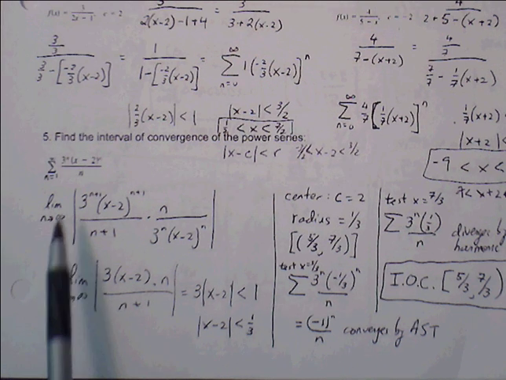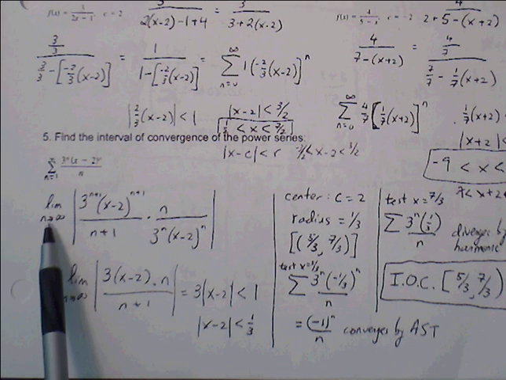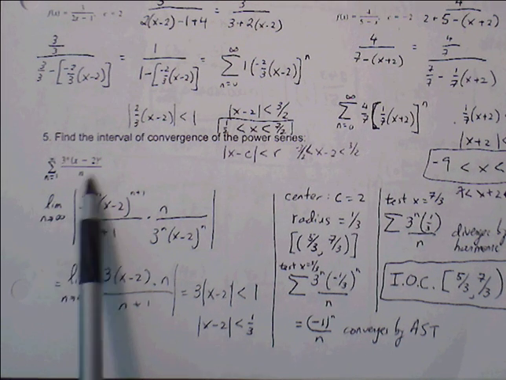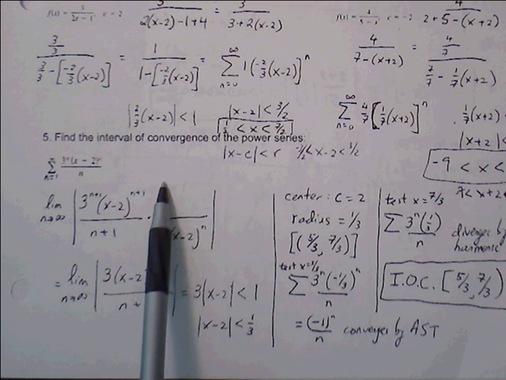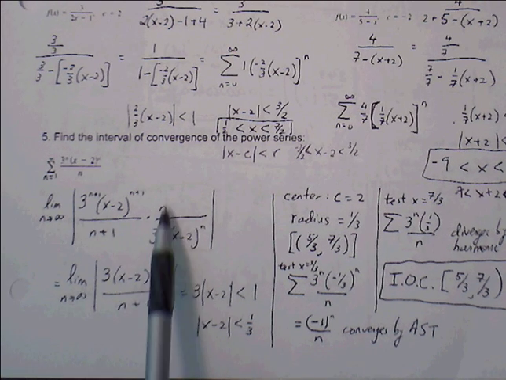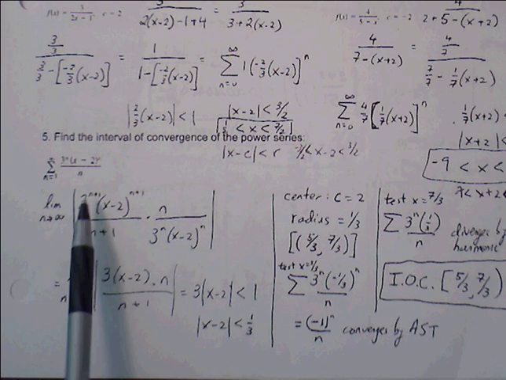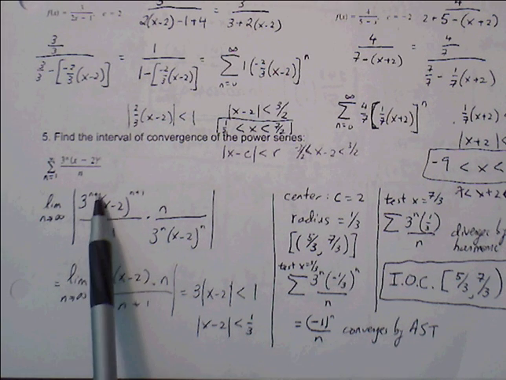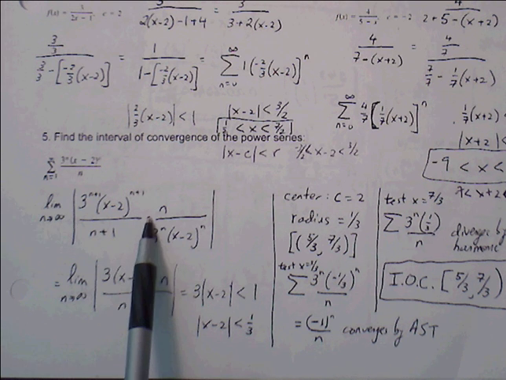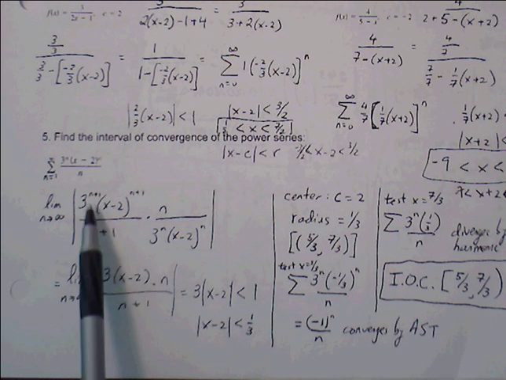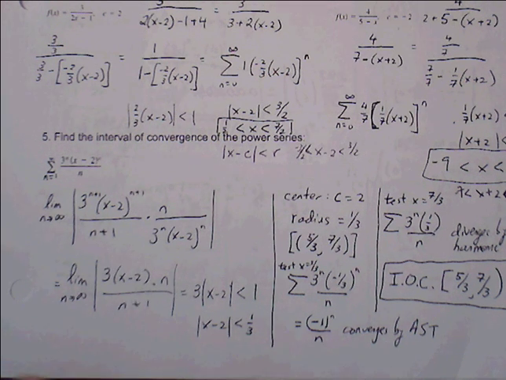The ratio test tells us to take the limit as n approaches infinity of a sub n plus 1 divided by a sub n. Dividing by a sub n is the same as multiplying by the reciprocal of a sub n. So here's a sub n plus 1, replacing every n with n plus 1, multiplied by the reciprocal of a sub n. And then here I'm looking to clean up and cancel out.